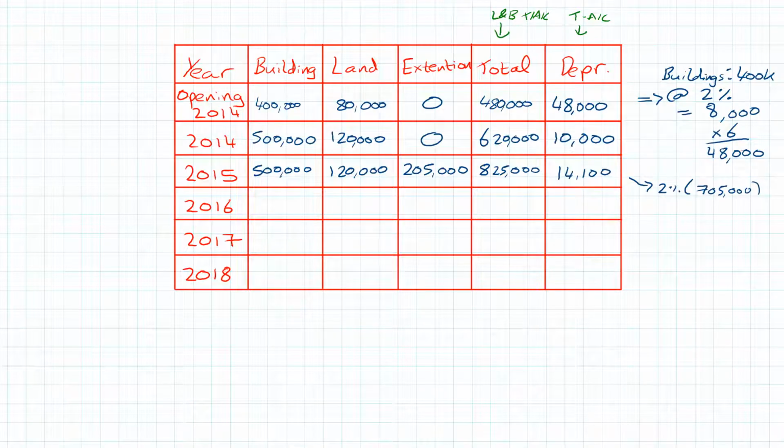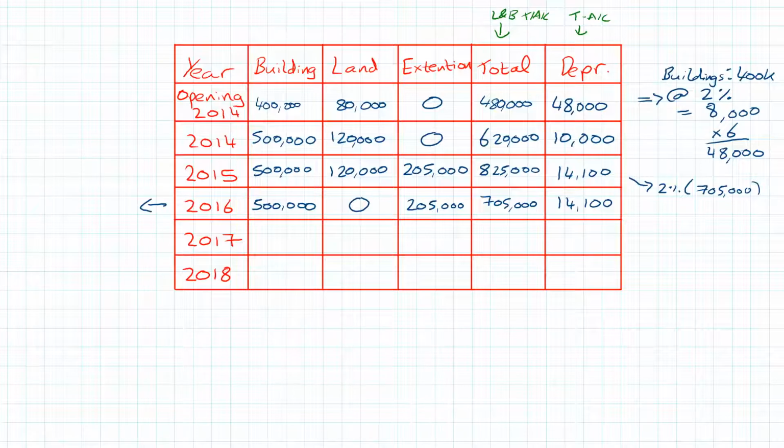So with that, we go back to our table. So they are all things we need to be careful of when we're actually doing the T accounts. So we're left with 705,000 again. So our depreciation for the year is going to be the exact same because our buildings element hasn't changed, just our land.